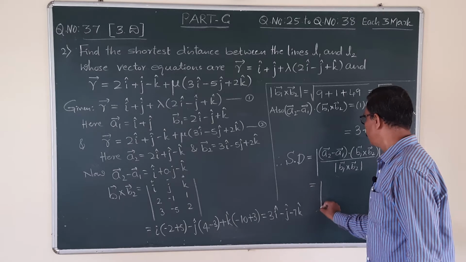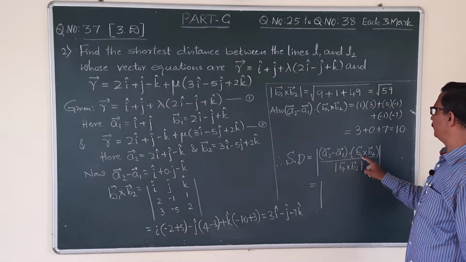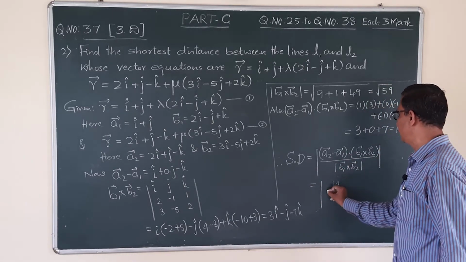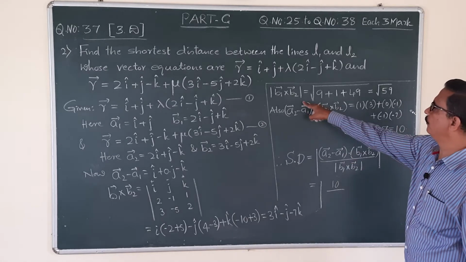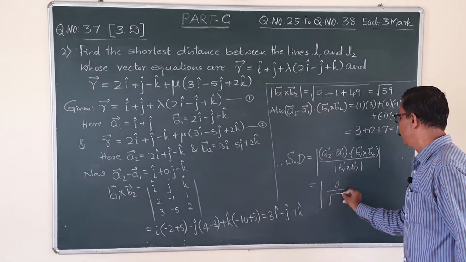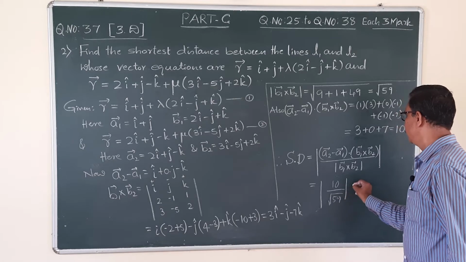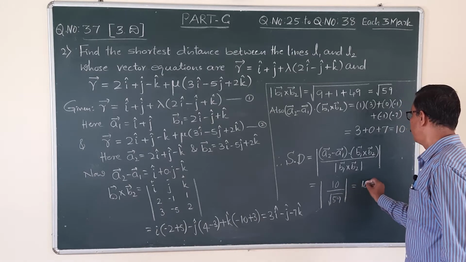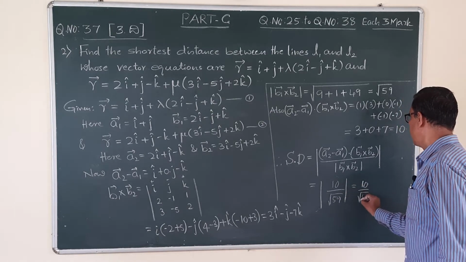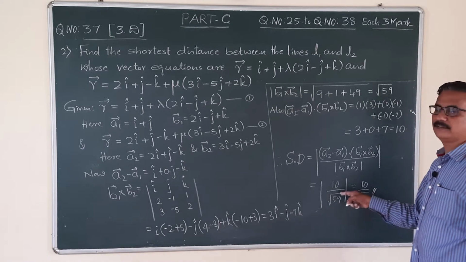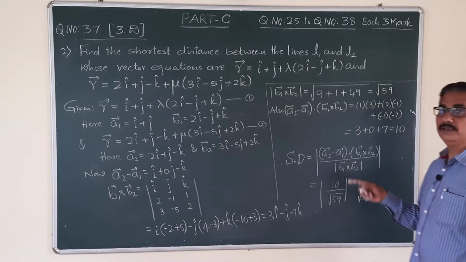That is modulus of a2 minus a1 dot b1 cross b2, value 10, divided by the magnitude of b1 cross b2, root 59. So modulus of 10 by root 59 is plus 10 by root 59. This is the shortest distance between the two lines.